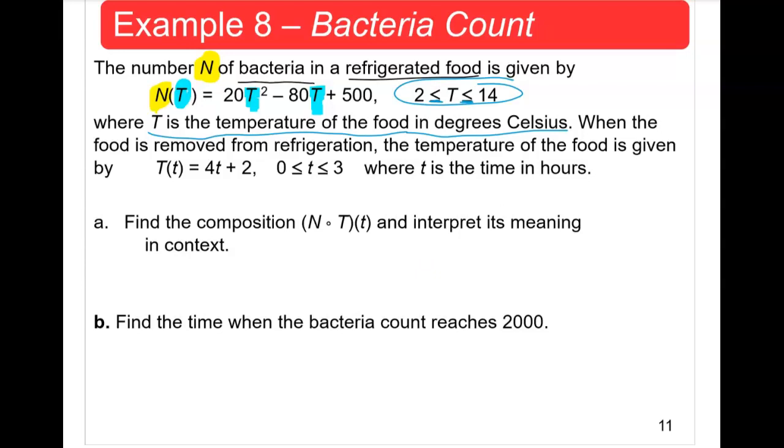Now that capital T becomes the name of the other function. So capital T is for temperature, and lowercase t is for the time in hours. Lowercase t is the time in hours, and it goes from 0 to 3 hours, including 0 and 3.